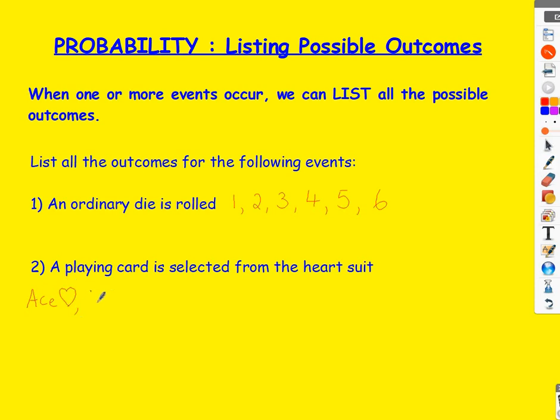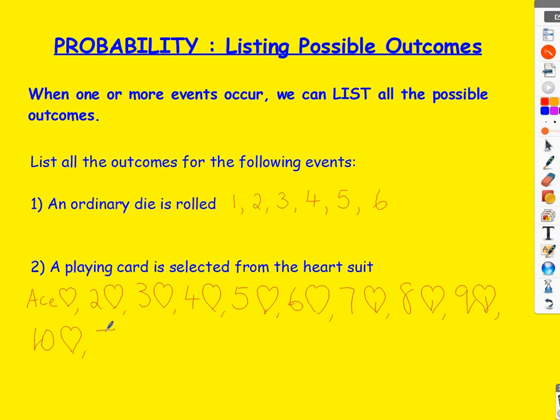We could have 2 of hearts, 3 of hearts, 4 of hearts, 5 of hearts, 6 of hearts, 7 of hearts, 8 of hearts, 9 of hearts, 10 of hearts.